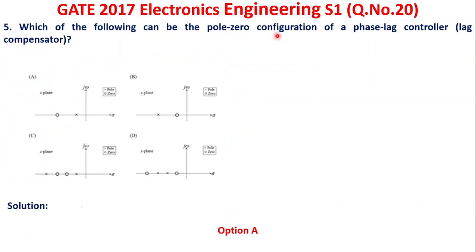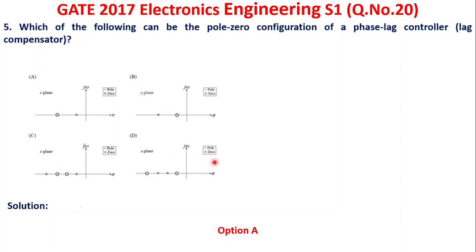Which of the following can be the pole zero configuration of a phase lag controller, lag compensator? GATE 2017 Electronics Engineering set 1, question number 20. If you see these four options, in the first option, it is pole closer to the origin than zero, and zero closer to the origin than the pole in another.